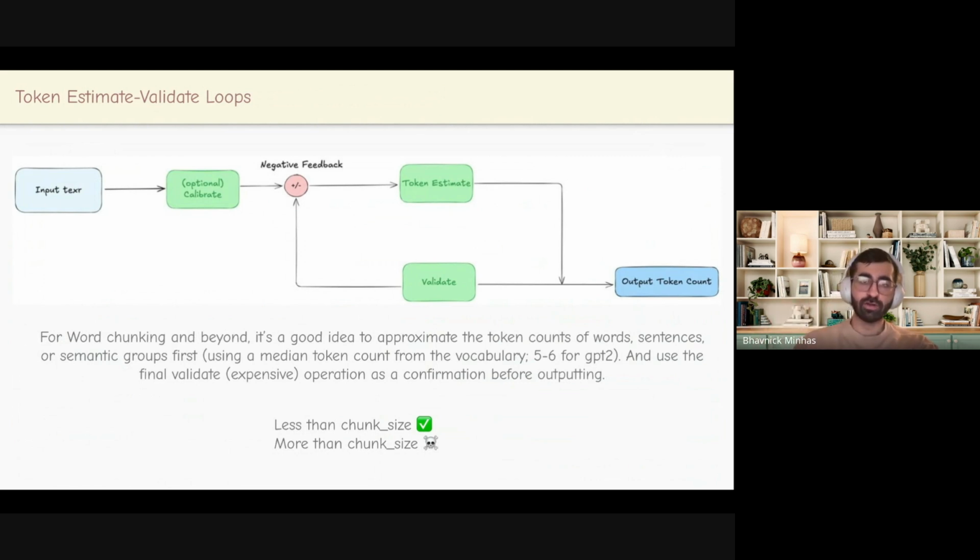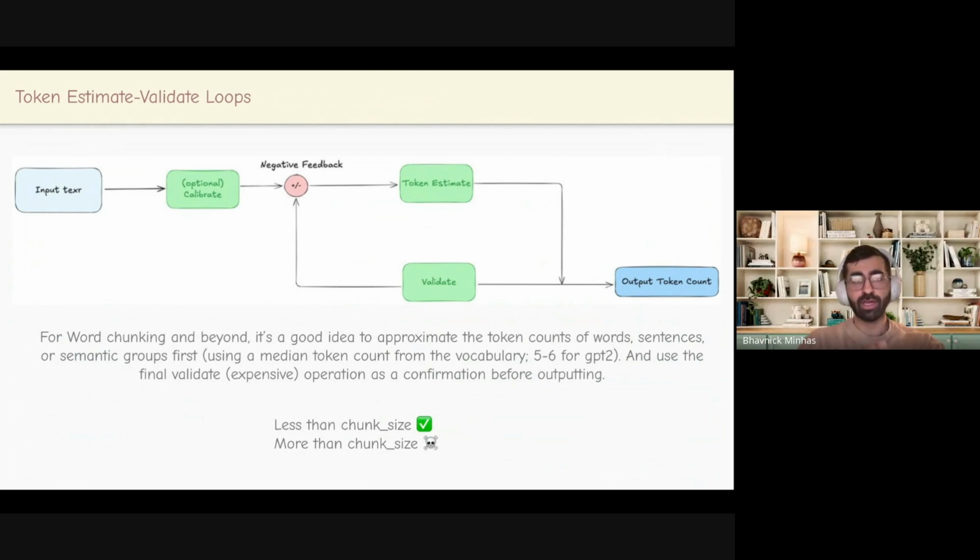So the fewer encode calls that you have, that means the fewer times you want to count the tokens in a piece of a sentence, the faster your entire process would be, right?